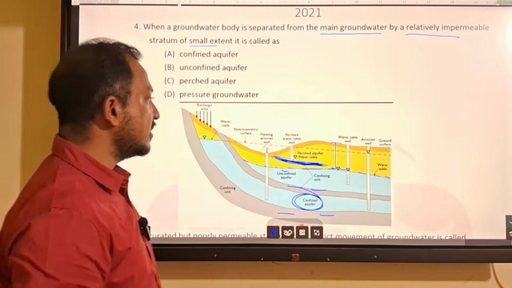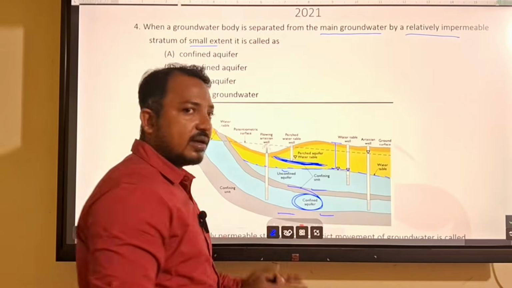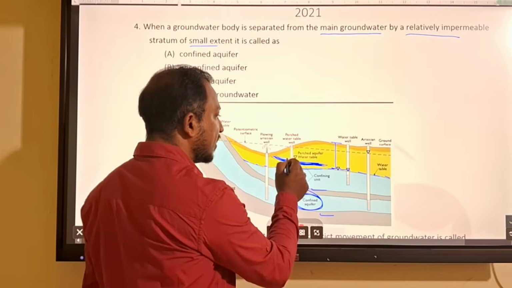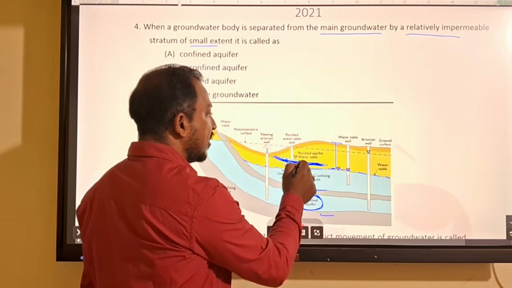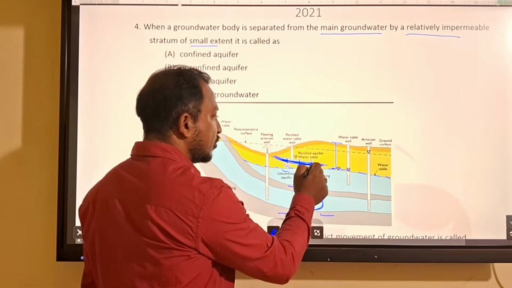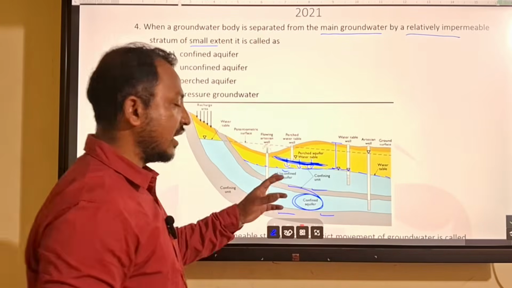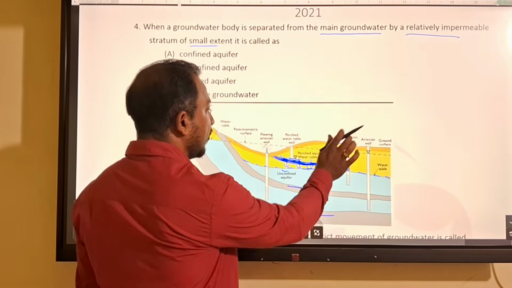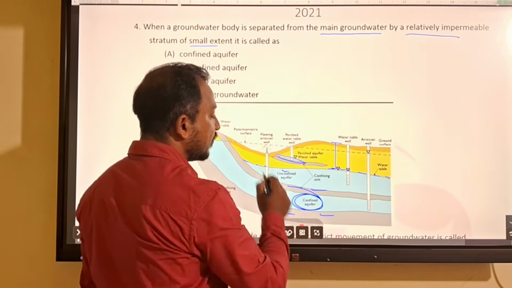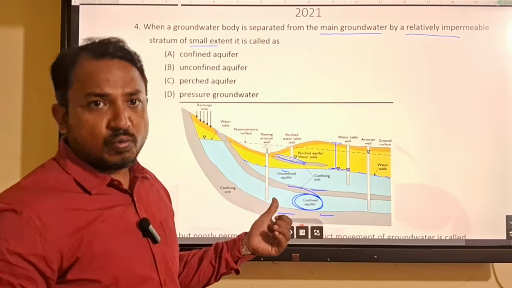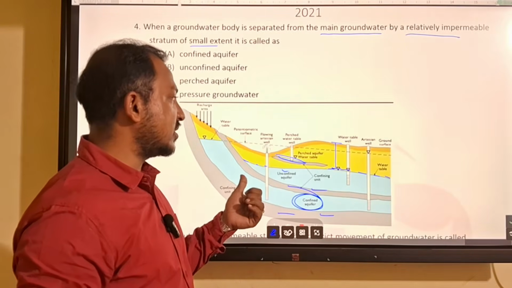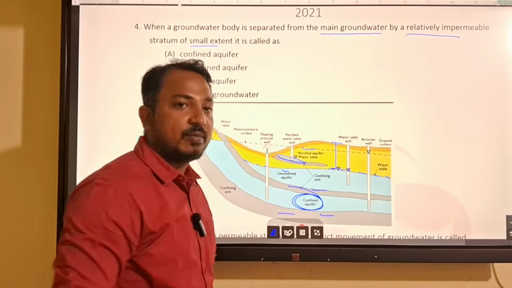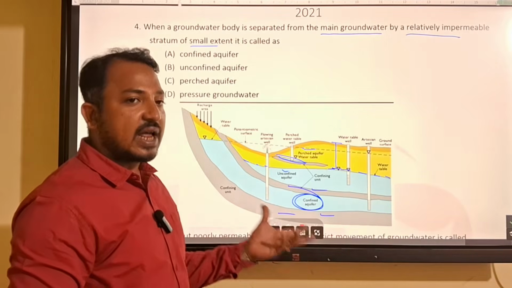In some regions you will find a small extent of impermeable strata which can store water, because water cannot pass through these strata. So water will accumulate over these regions. These are not a true water table or true saturated zone. This is called the perched aquifer water table.